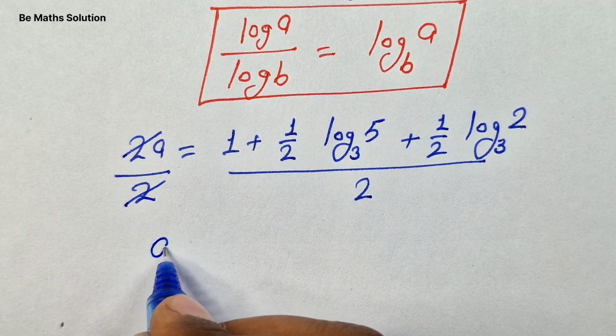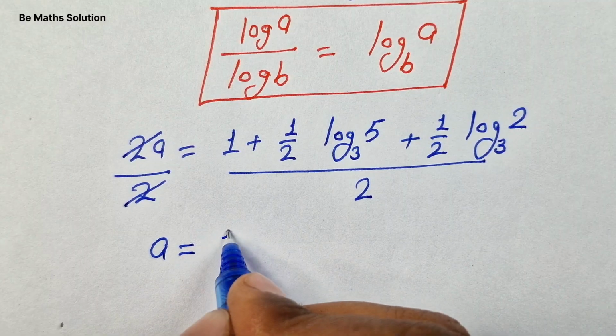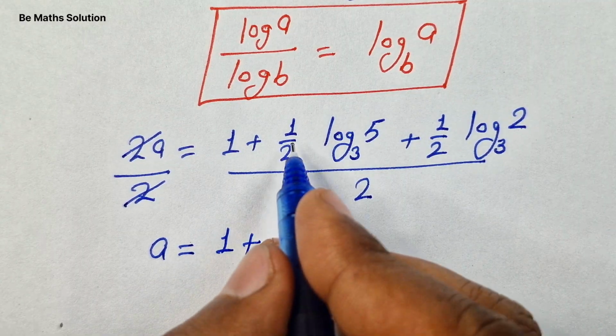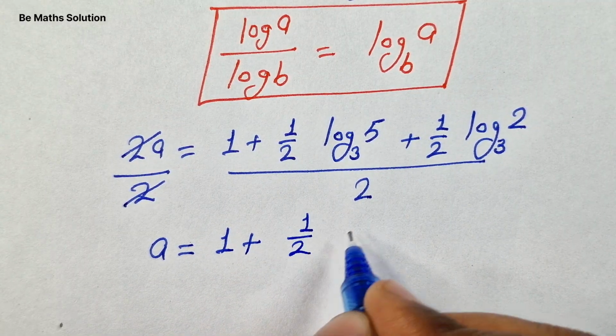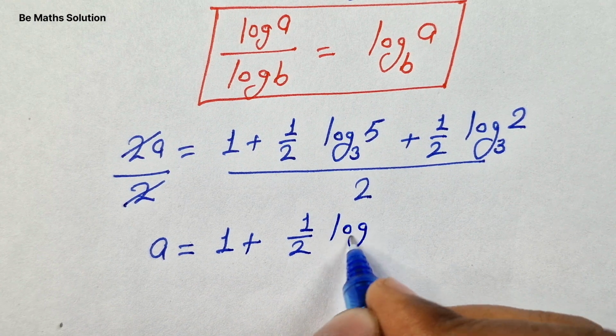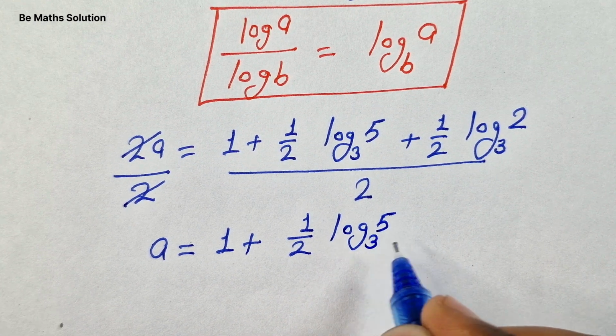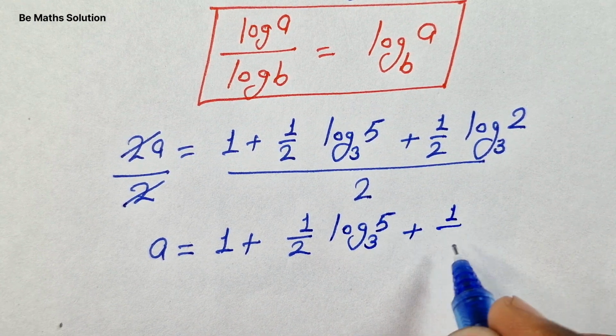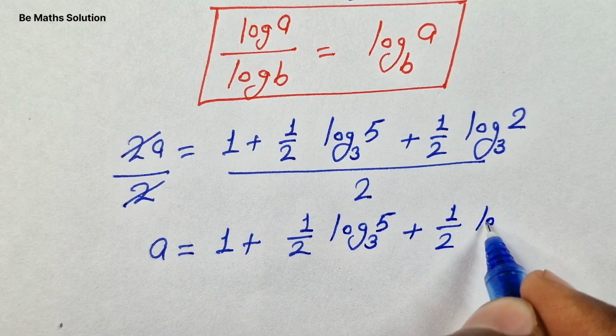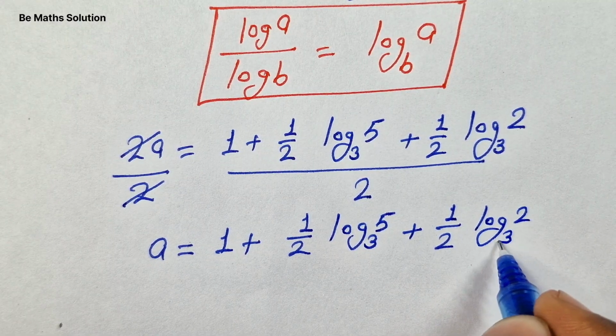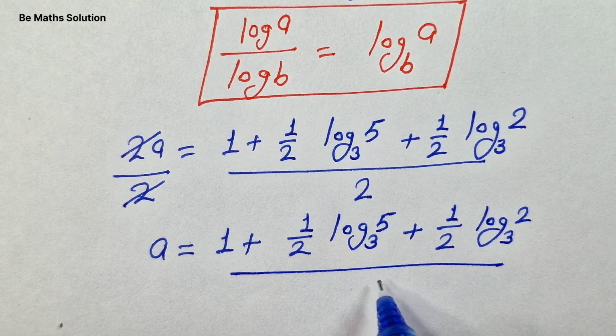It is a equal to 1 plus 1 by 2 times log of 5 base 3 plus 1 by 2 times log of 2 base 3, over 2.